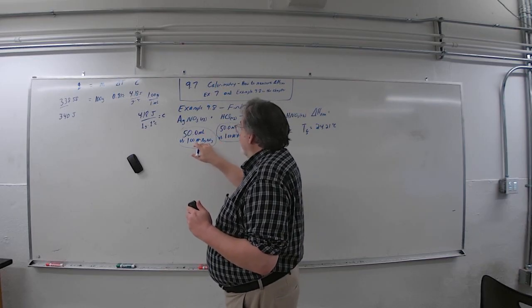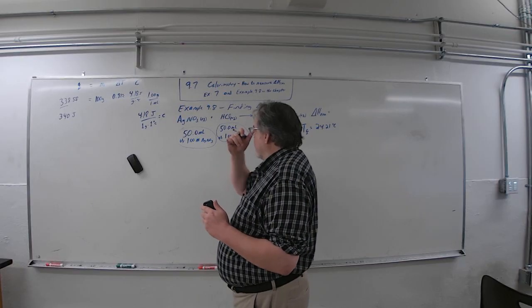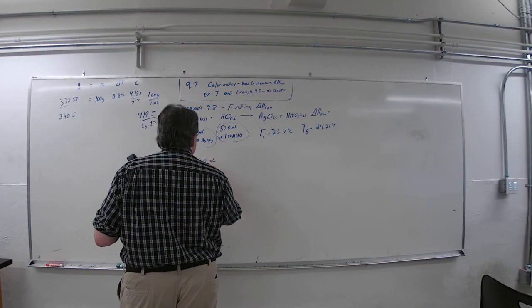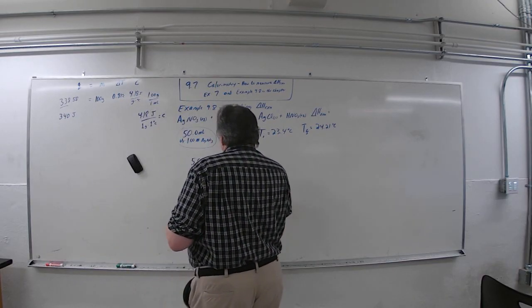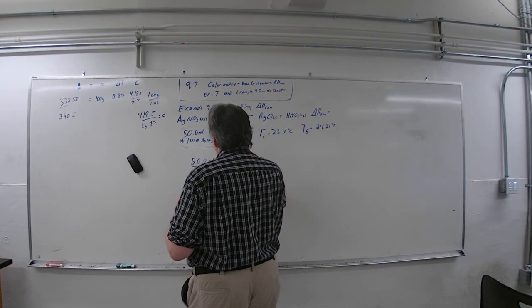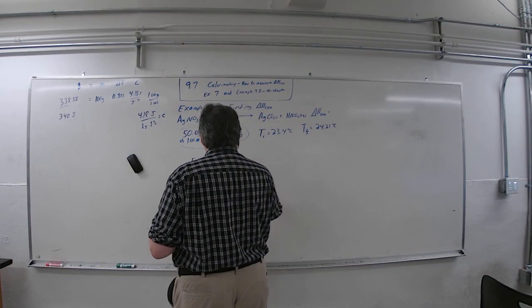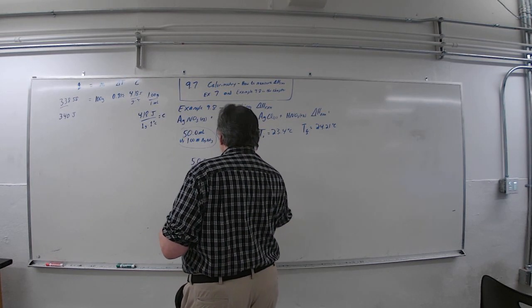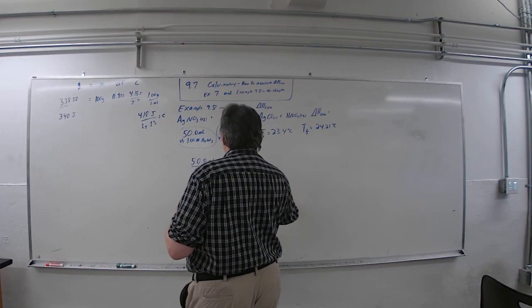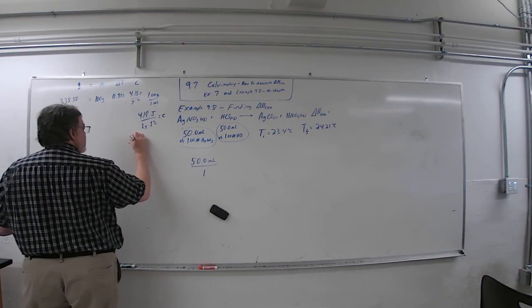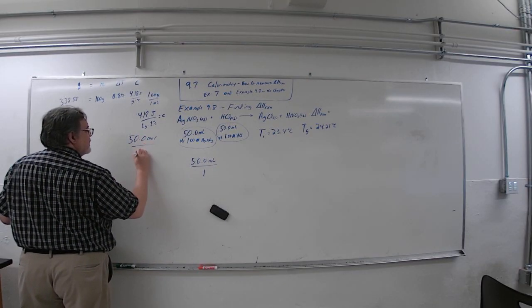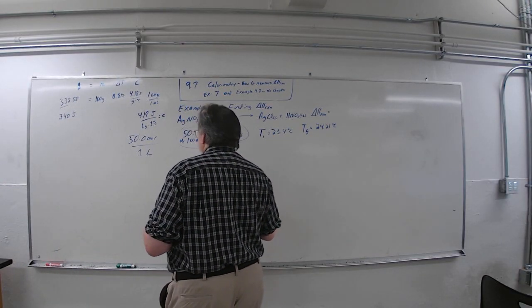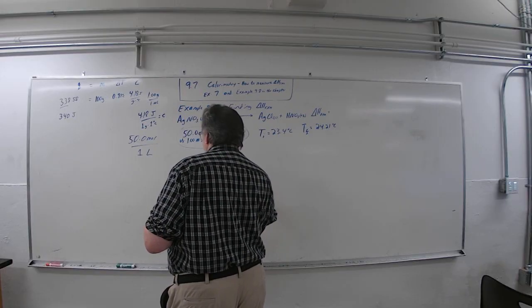All right. Same. 1 molar AgNO3. We have 50 milliliters, and it's moles per liter. We got 1 liter. So, the moles we need.